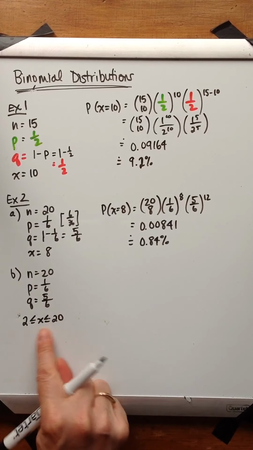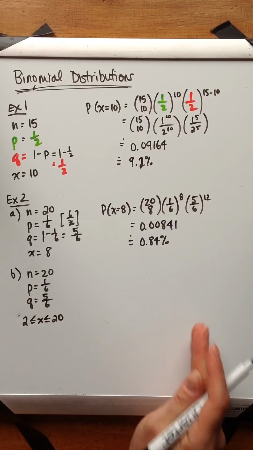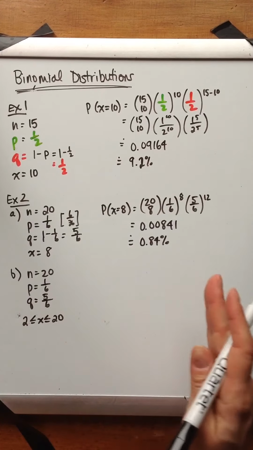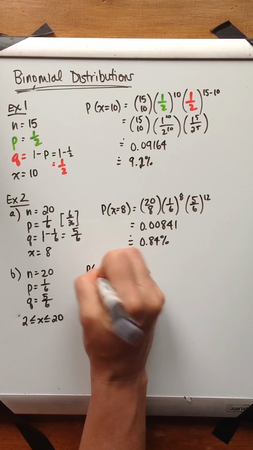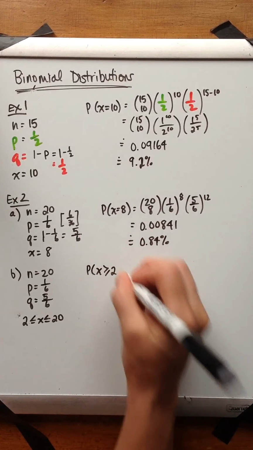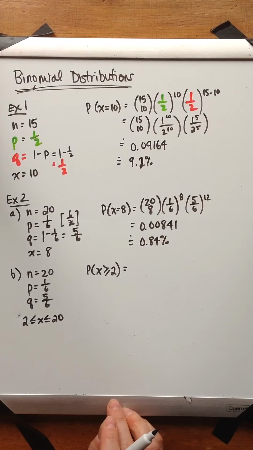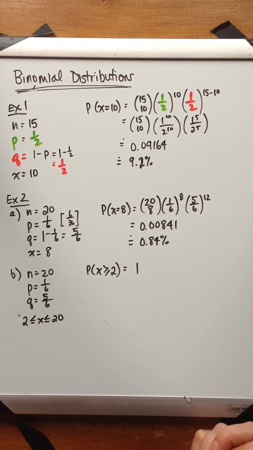Now that's an awful lot of scenarios to consider individually, right? Probably when x equals 2 and 3 and 4 and all the way up to 20. So this time, the probability of getting a success when it's greater than or equal to 2 could actually be done indirectly. What if we took all of the probability, 100%, let's take away the cases we don't want so we can be left with the ones we do.